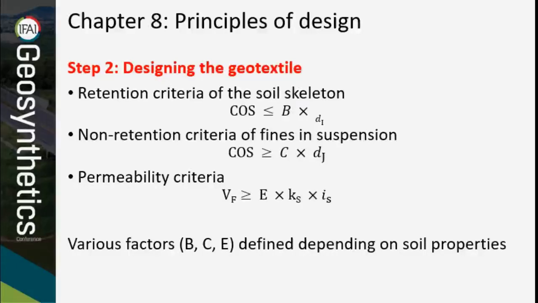Like the permeability criteria, it depends on the type of application, on the expected hydraulic gradient. So the design guidance defines the retention criteria, the non-retention criteria of fines in suspension, and the permeability criteria.